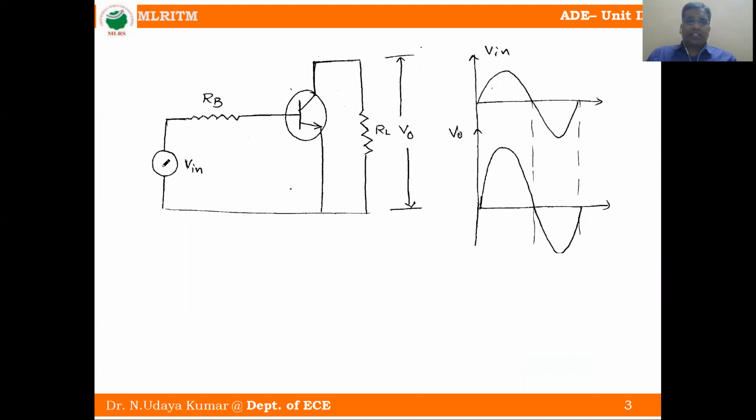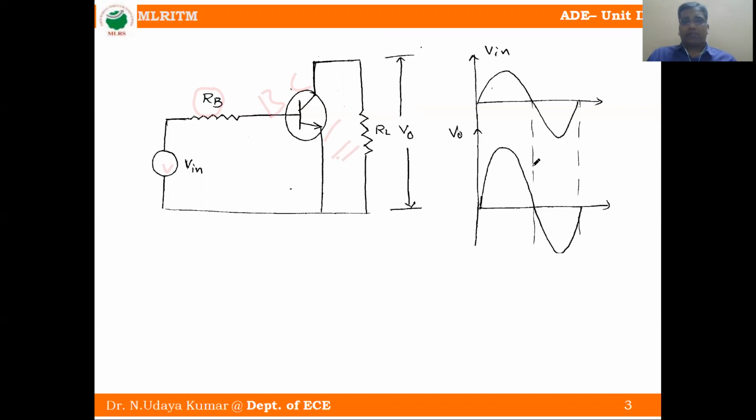First, this one is the input AC signal. This one is RB, the base resistance. This one is the emitter, base, and collector terminal. This is the load resistance, and across the load resistance we find the output voltage.